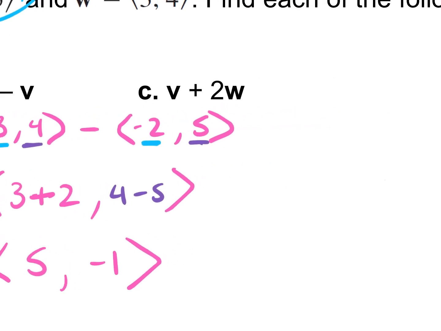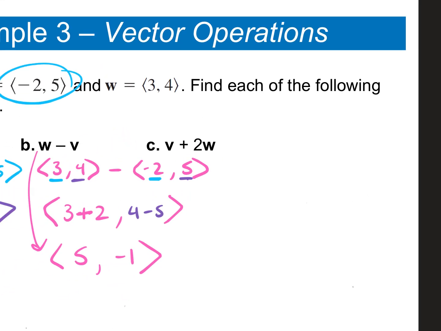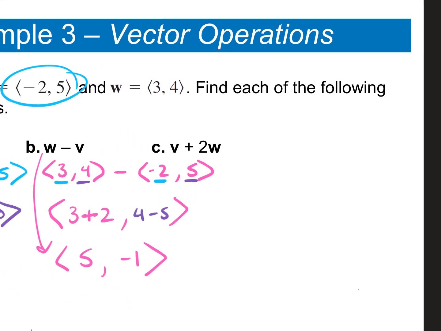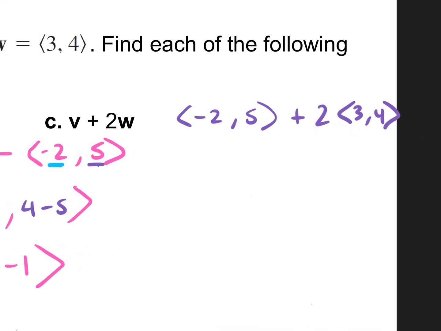C. So vector v would be <-2, 5>, plus 2 times vector w, <3, 4>. What do you think I have to do first here? Multiply, just like our order of operations in normal algebra. We got to multiply first. So this turns into <6, 8>.